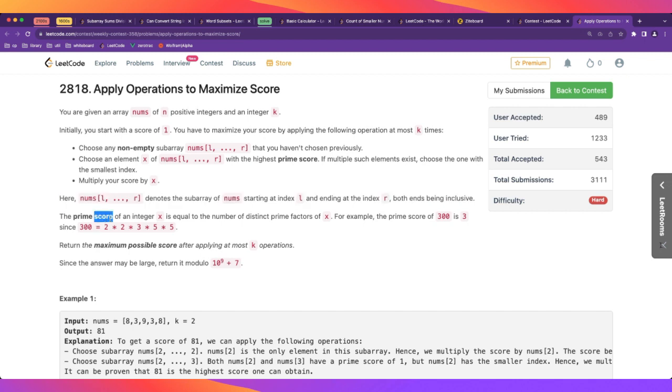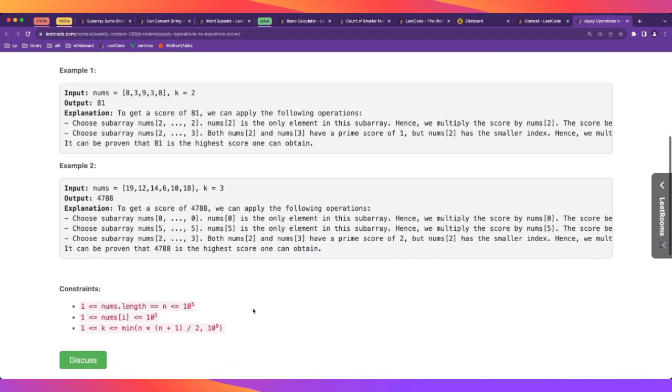And the prime score is equal to the number of distinct prime factors of x. We get an example, okay, makes sense. And we want to return the maximum possible score after applying at most k operations. Okay. And we need to do this modulo something, modulo this number, which is very standard.